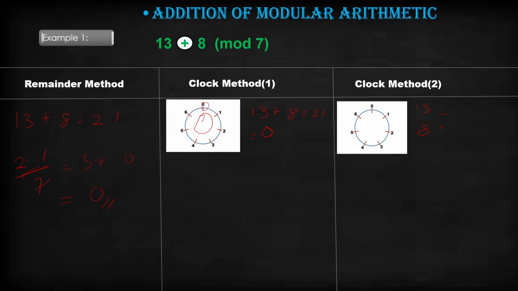The value of 13 is 7, 8, 9, 10, 11, 12, 13, which is 6, and then the value of 8 is 7, 8, which is 1. Then we have 6 plus 1, which is equal to 7. As you said, it's in between the clock method and the remainder method. So we now divide it by our mode, which gives 1 remainder 0, which is equal to 0. All the answers are the same.